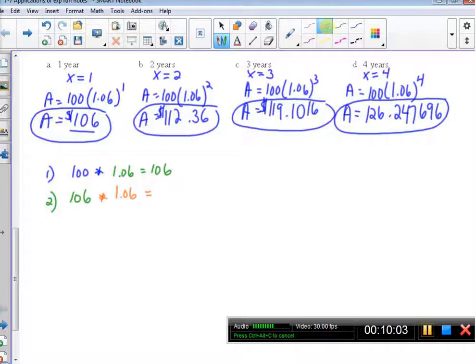So 106 times 1.06 is, believe it or not, 112.36.